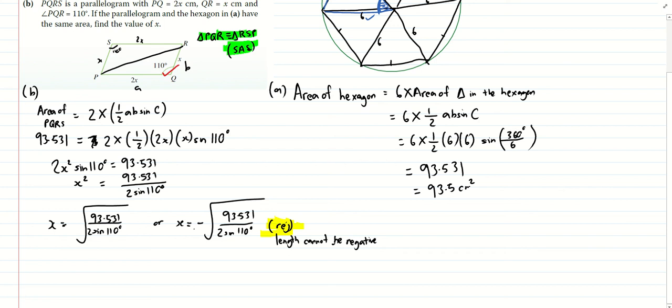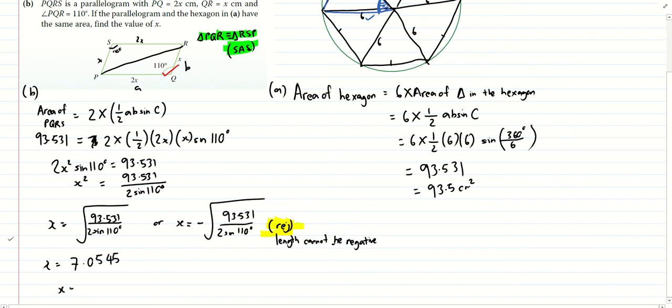For exams, like I say, some markers will close one eye when you don't include this part, because they will assume that you know that length cannot be negative, and that's why you don't include that in the answers. So if I solve this question again, always put in 5SF first. So x equals square root of 93.531 divided by 2 sine 110, and we have x equals 7.0545.